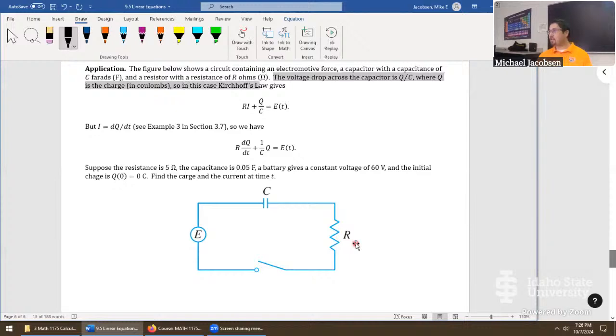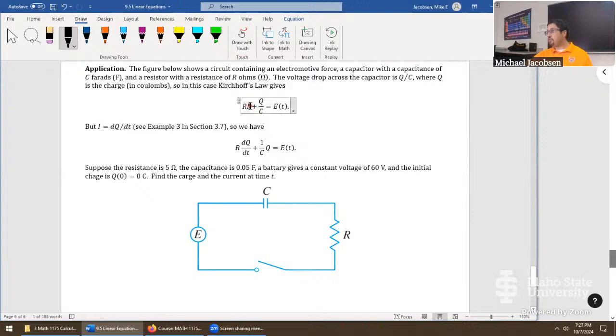So in this case, Kirchhoff's law gives the equation down below. Hey, folks familiar with Kirchhoff's law? Me neither. I haven't taken electrical engineering type classes, but apparently Kirchhoff's law gives you that. Next, example 3 in section 3.7 had something to say. They said I is equal to dQ/dt.